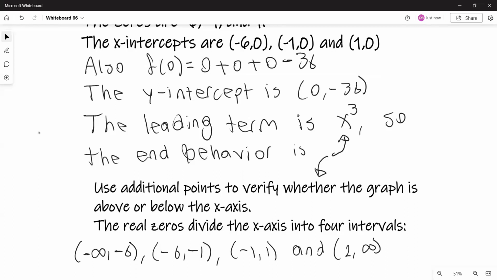I'm not doing a lot of details, but we know what the intercepts look like. They are going to divide the x-axis into those 4 intervals, and we're going to use a test value inside each interval.